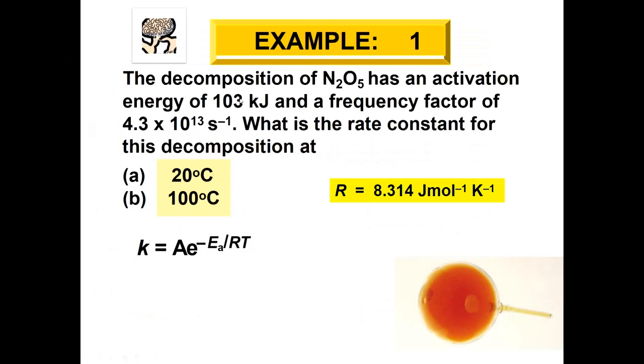Okay, now we look at example 1. Example 1 involves the decomposition of N2O5. The activation energy EA is 103 kilojoules, and the frequency factor A is 4.3 times 10 to the power of 13 s negative 1.